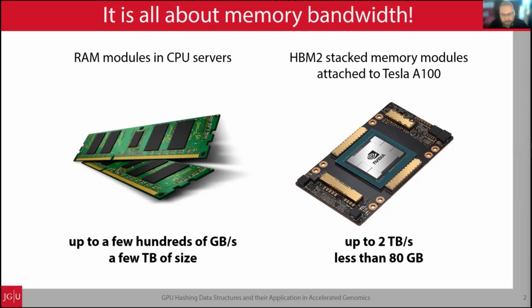Thus, we are bound by the number of random updates we can do per second, which is typically only a fraction of the theoretical maximum bandwidth you've seen before. However, we will show how our new hashing scheme is able to alleviate this constraint by improving the data locality during hash table probing.